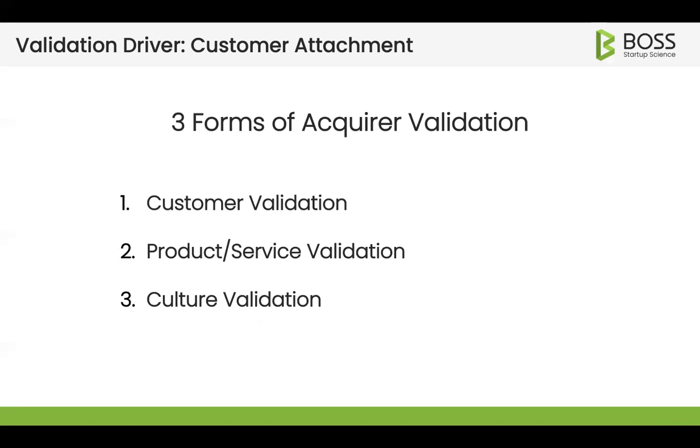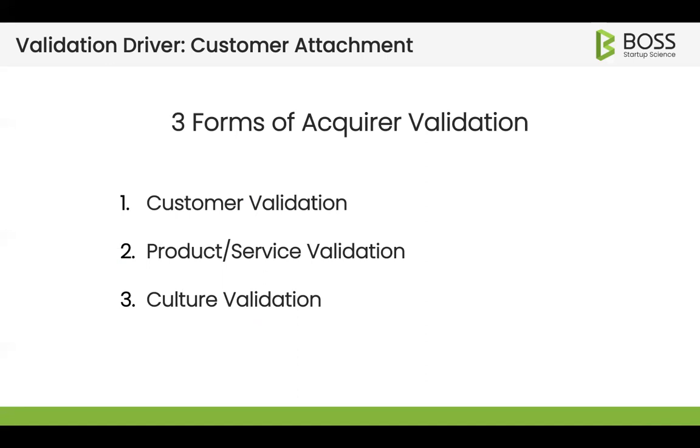The first is if it's an expansion play and I have the same ICP, I need to validate the customers. I need to know that the customers that I serve are going to be interested in this new product or service, and that they already have a substantial amount of them.